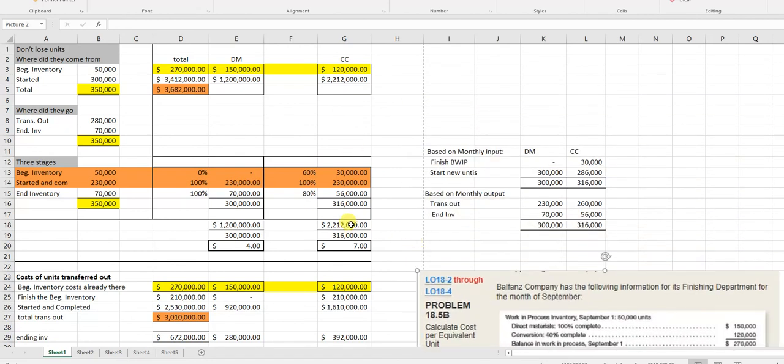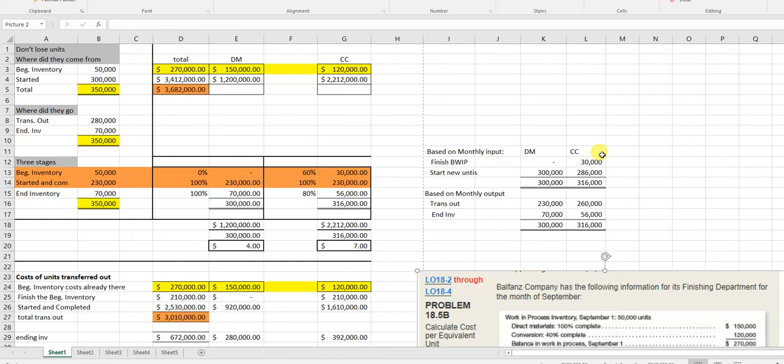Okay, so basically they do the same thing in this middle part, except they say based on monthly input, and they finish beginning WIP and they start new units, and then they say based on monthly output, and they have transferred out and ending inventory. So notice this is 0 and 30,000.